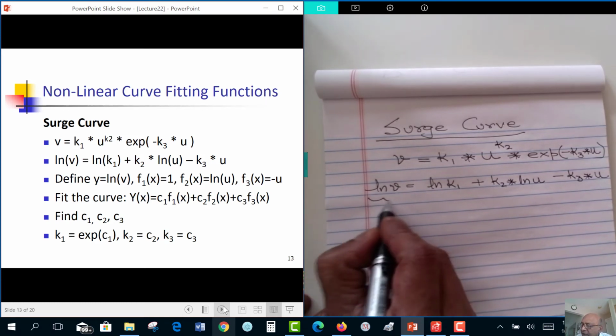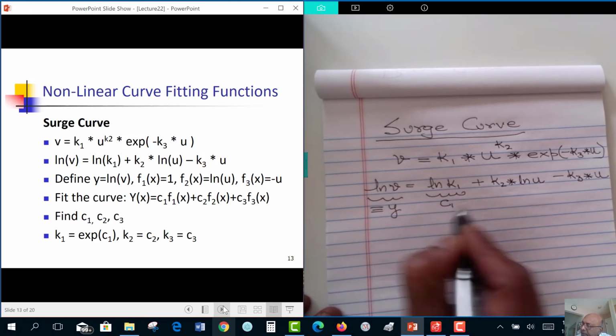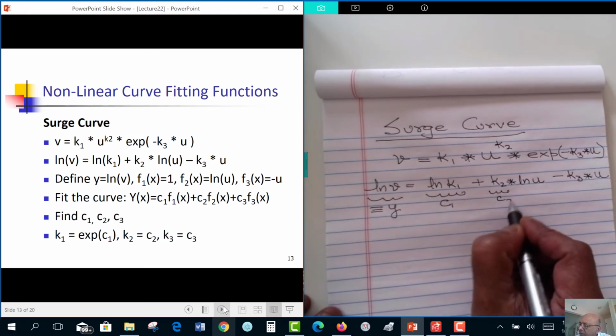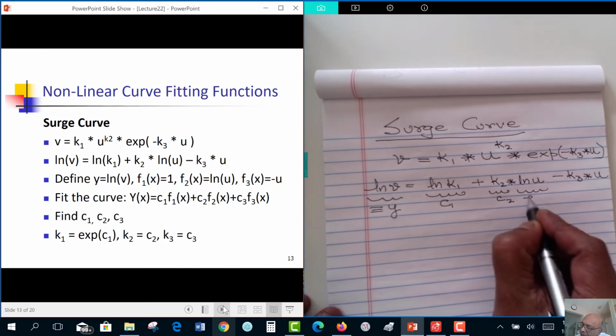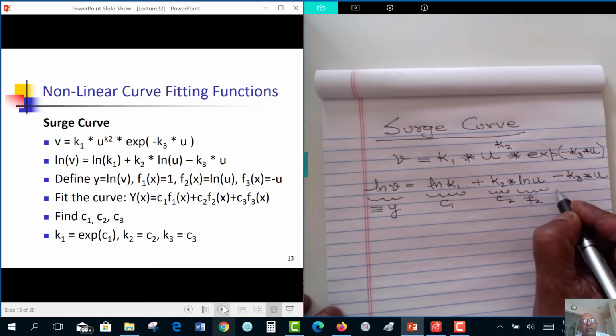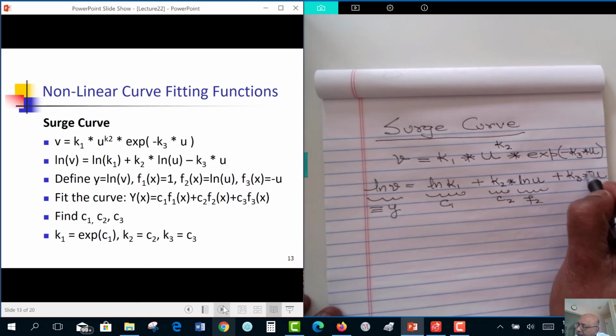So again, we define this as Y, this is C1, this is C2, this is our F2. Let's move this minus sign inside. So we'll move this inside like that.